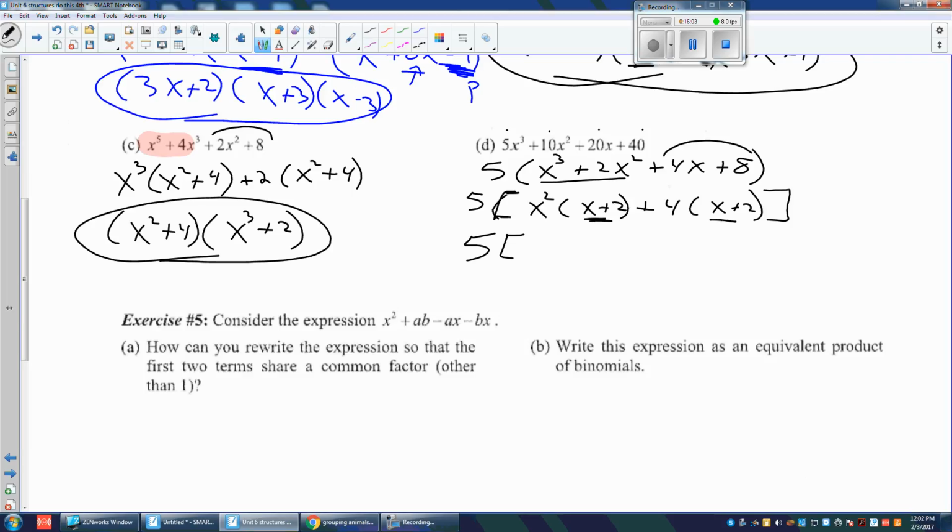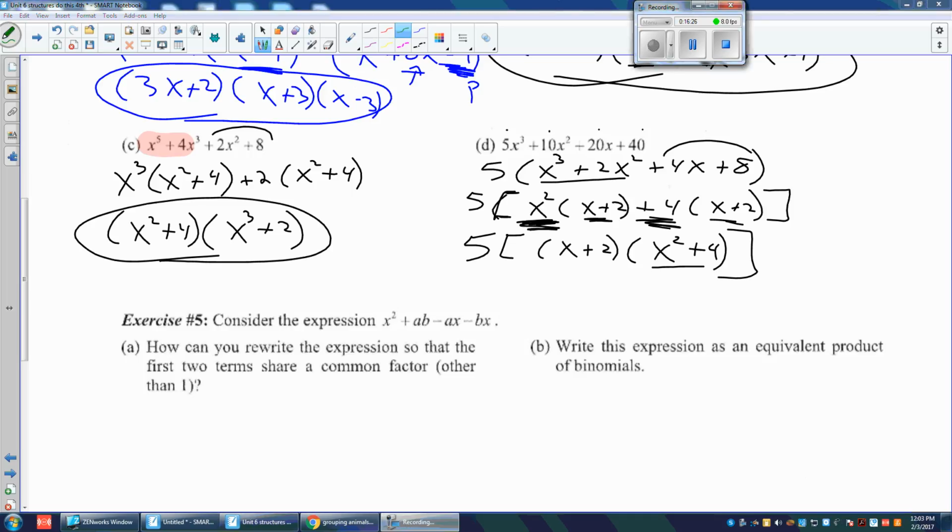I factor the x plus 2, and I have the x squared plus 4. I can't factor out the x squared plus 4 anymore because it's called the difference of two squares, not the addition of two squares. So we're done.